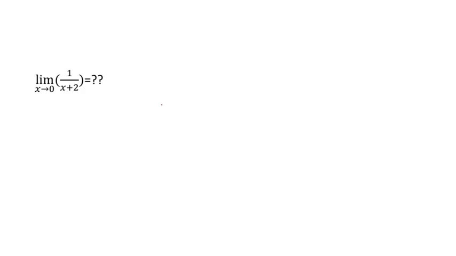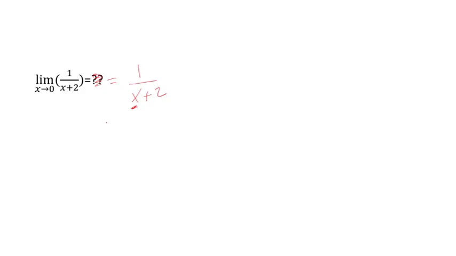Now, what is the limit of 1 over x plus 2 as x approaches 0? The first step is, again, just write 1 over x plus 2.